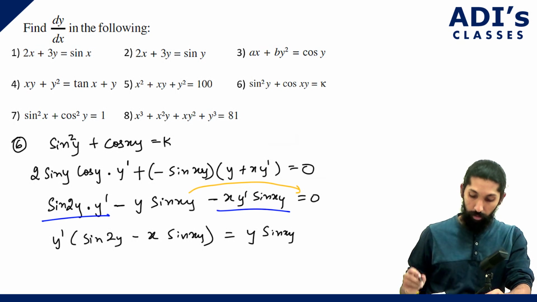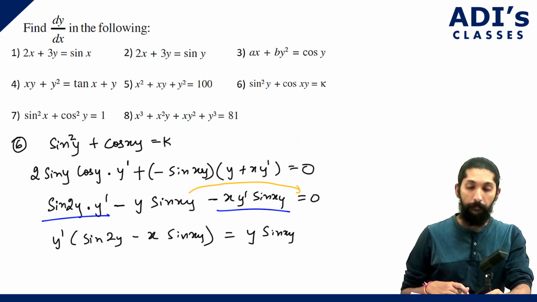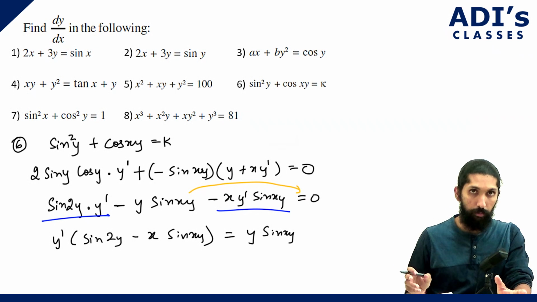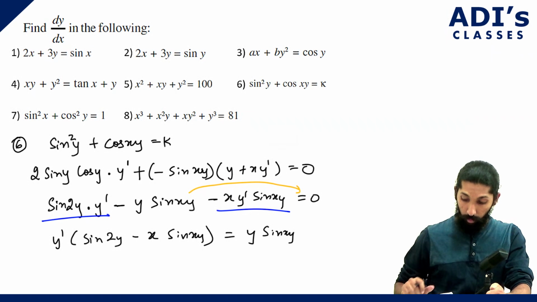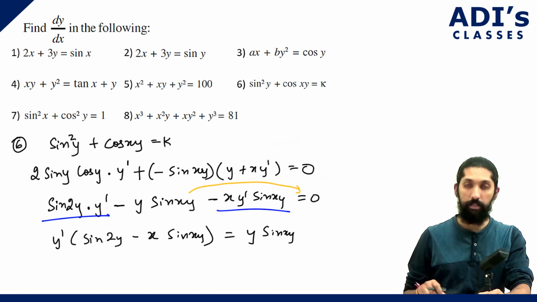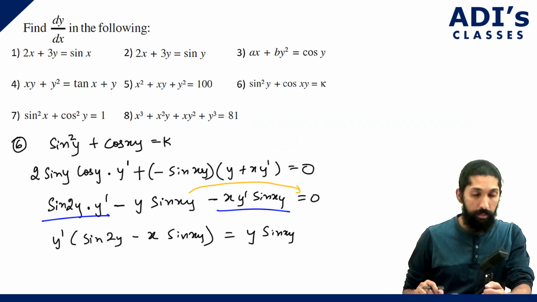Now what do we do? You take the y dash, the rest of it you are going to put it to the denominator. Correct? That's what we were doing in all these cases. So the final answer would be y into sine xy divided by sine 2y minus x sine xy. Isn't it? Let's write it down.